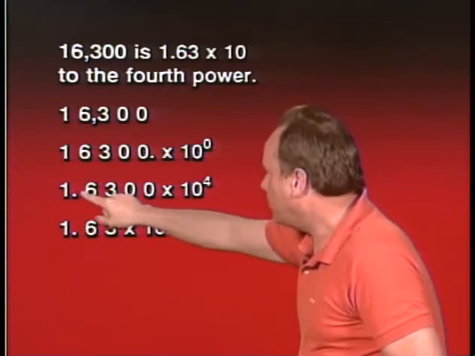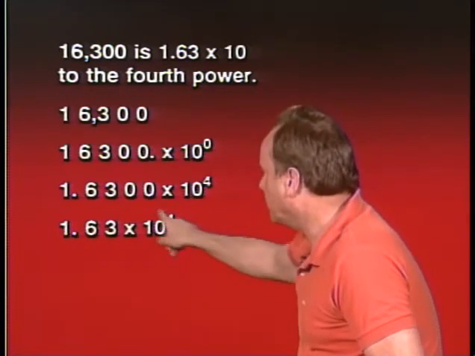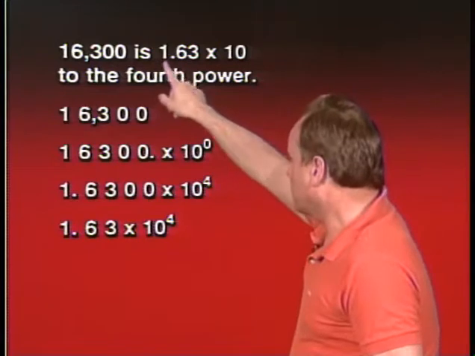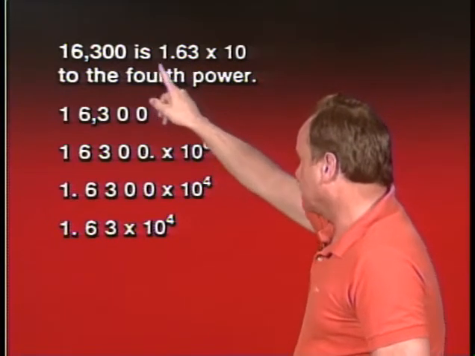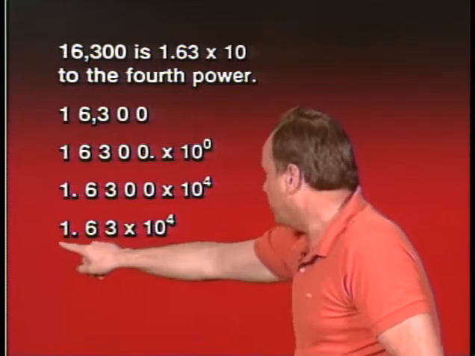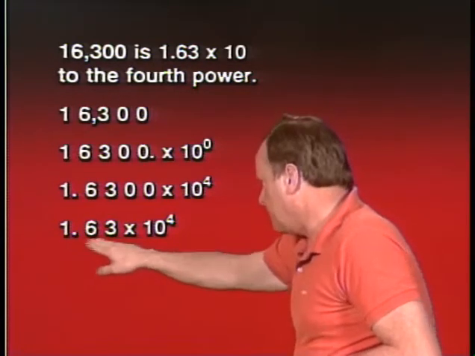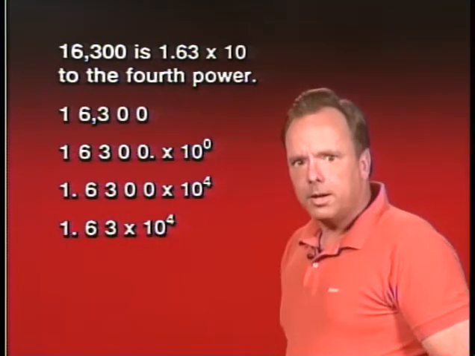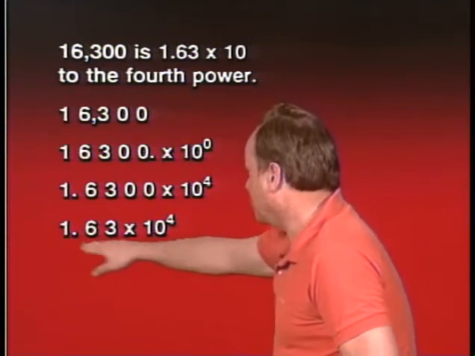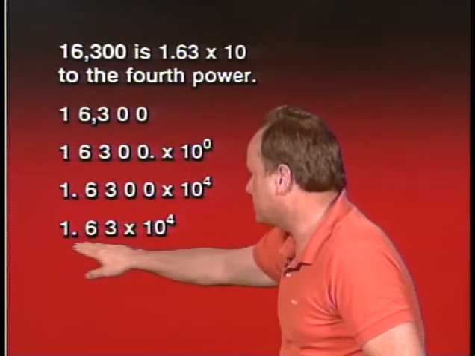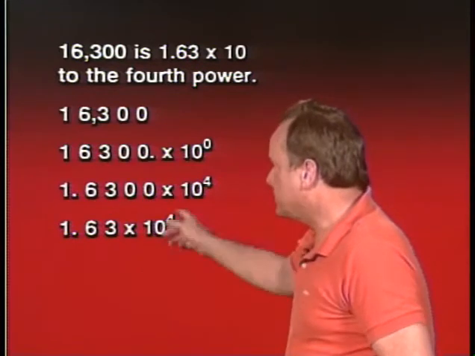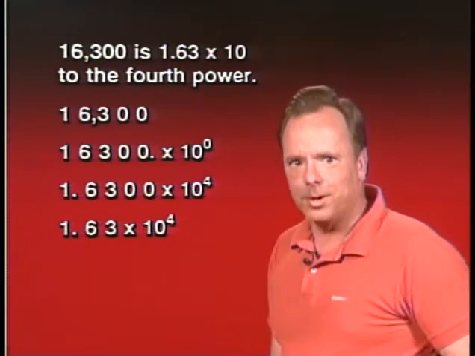So now 1.63 times 10 to the 4 is exactly equal to 16,300. All I did is divide this part by 10,000 and multiply this part by 10,000, and it's the same thing. Well, when you get to very, very big numbers, this could be 10 to the 27, this makes it a very easy way to express it. So it's 1.63 times 10 to the 4, and that's equal to 16,300.